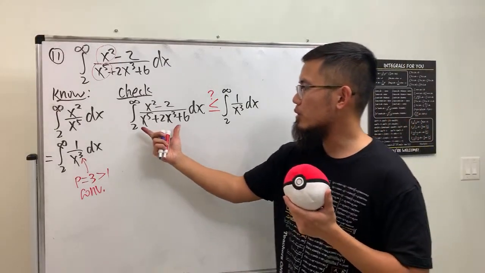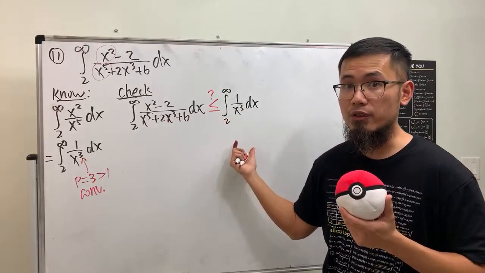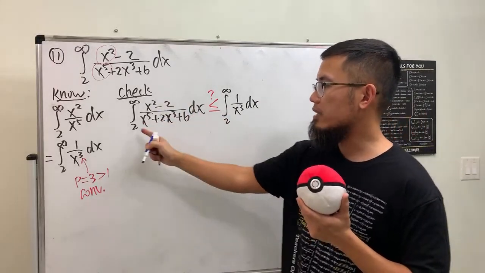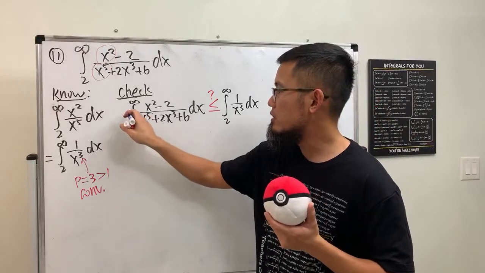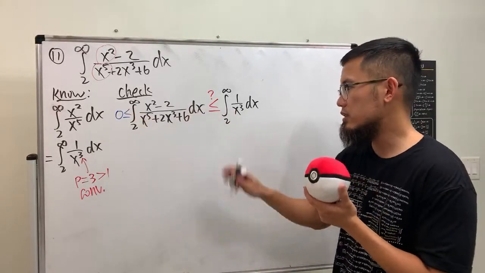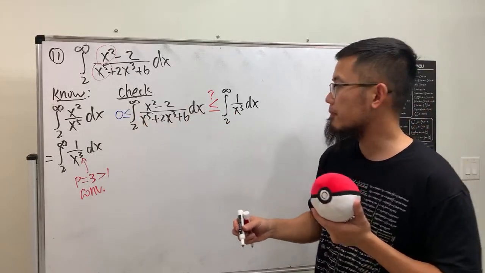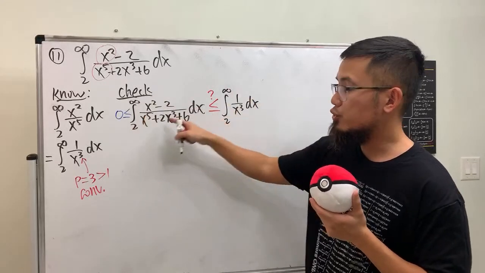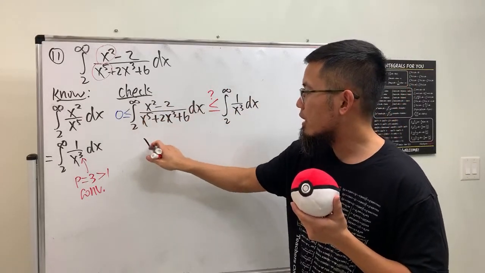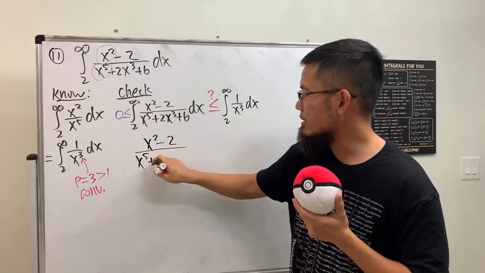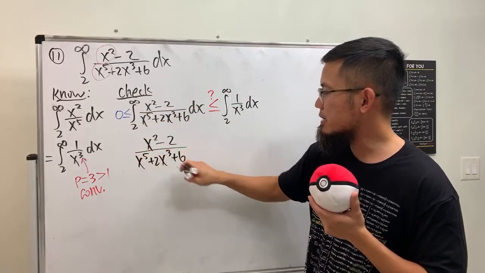You are trying to show this right here is less than or equal to a convergent. And notice that everything will be positive on the interval from 2 to infinity. So, you can put that down. But usually I don't trick my students. You can always put that down, right? Because the integrals are going from 2 to infinity, we can just compute it inside, namely x squared minus 2 over x to the 5 plus 2x to the third power plus 6.